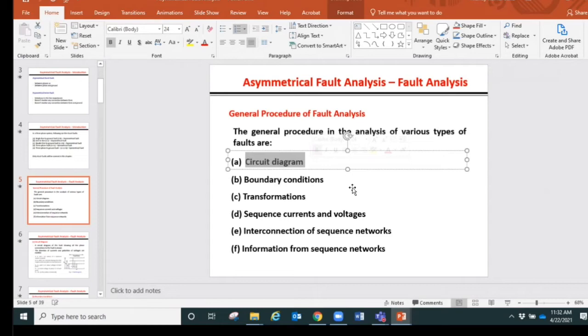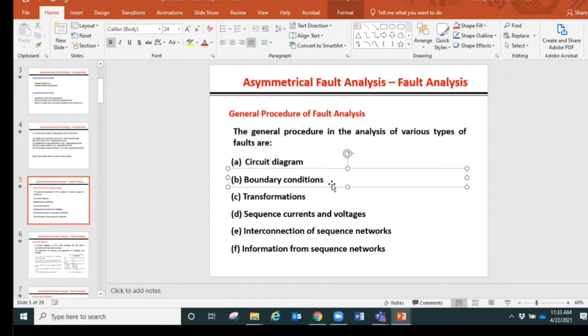Boundary conditions are nothing but some equations, voltage and current equations. We write them down looking at the circuit diagram and the type of fault, and of course the impedances and other aspects, such as the neutral, if they are present there. So the boundary conditions, meaning the equations for voltages and currents, we write them. When we write them, they will come in terms of the actual phase voltages and actual phase currents.